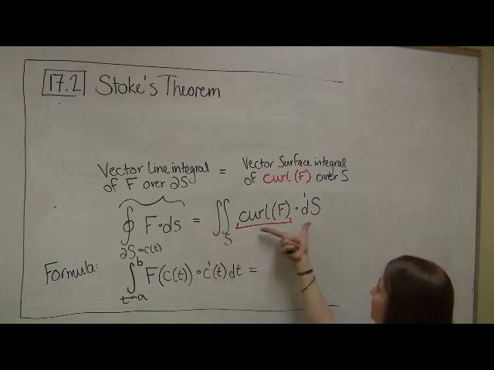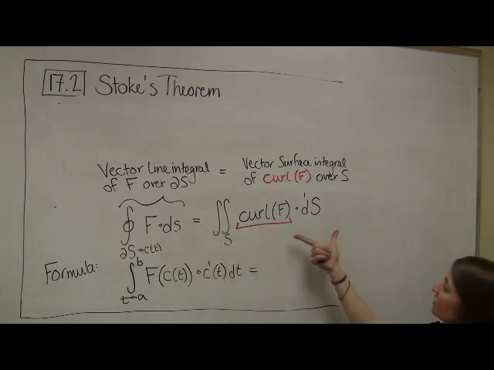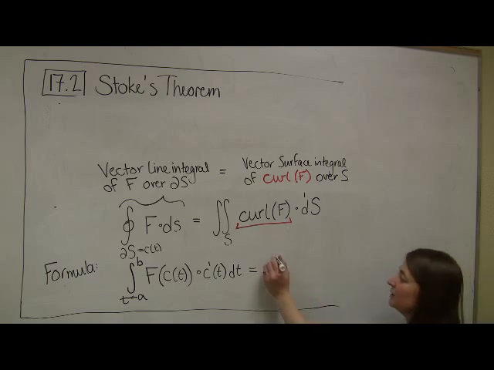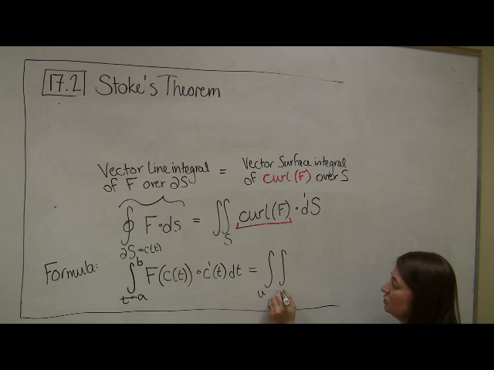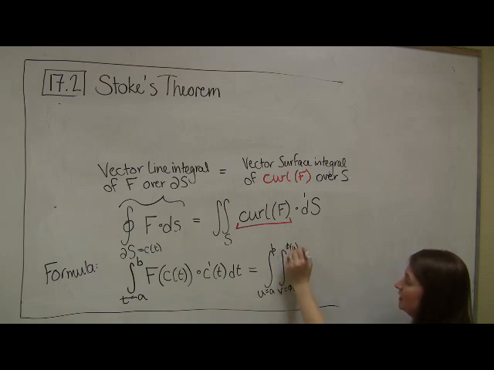And what's our formula for being able to compute vector surface integrals? Recall that we're going to have to parameterize it in terms of both u and v. And I don't really care what the bounds on u and v are. Sometimes they're functions, sometimes not.